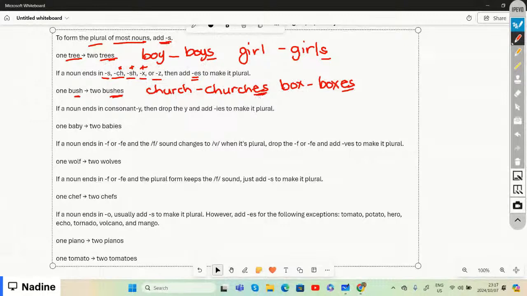Remember, house already ends with an E, so all we had to add was an S to show the plural form, houses. Because remember we said the word needs to end in S, CH, SH, X, or Z in order for us to add ES to show the plural form.